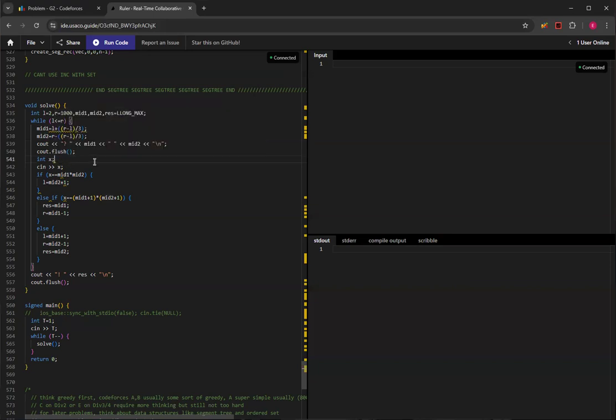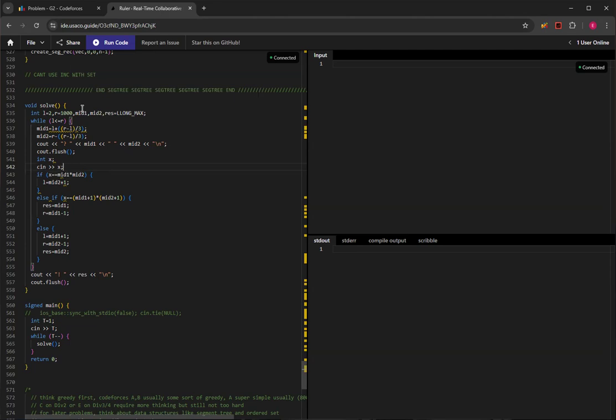And then if it's both correct, mid 1 times mid 2, so if both of them are correct, then you can eliminate up to the top third, because that means that the ruler isn't broken at any part yet. So that's why you need to keep increasing it. And otherwise, if it's equal to (mid 1 plus 1) times (mid 2 plus 1), that means that both of them are wrong.